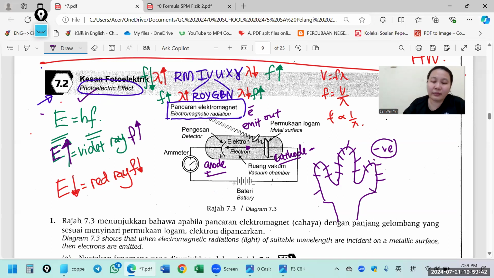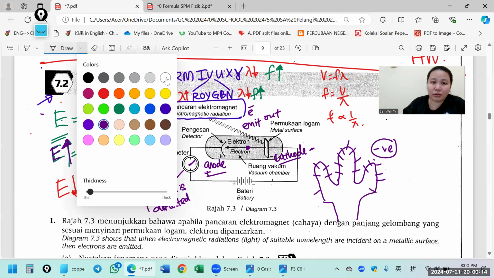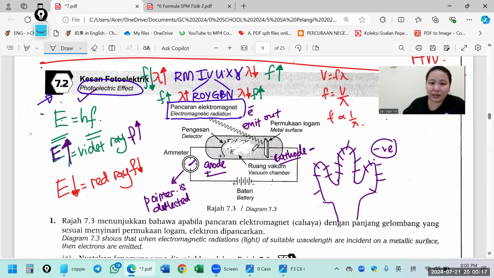Now, when the electron is emitted out, it will go to the anode, and then go through the ammeter. You will see the ammeter pointer, the needle, will be deflected. In the beginning, there is no current because the circuit has a gap in between.